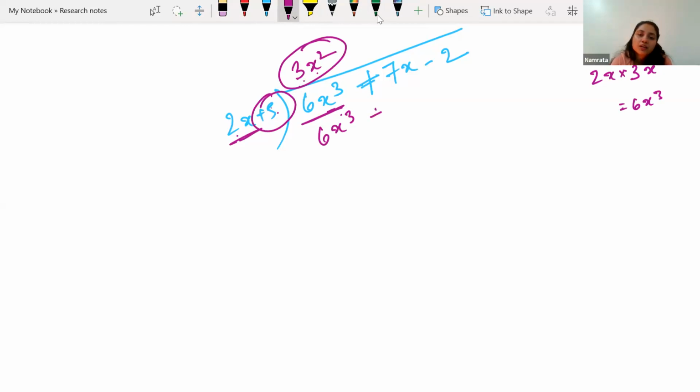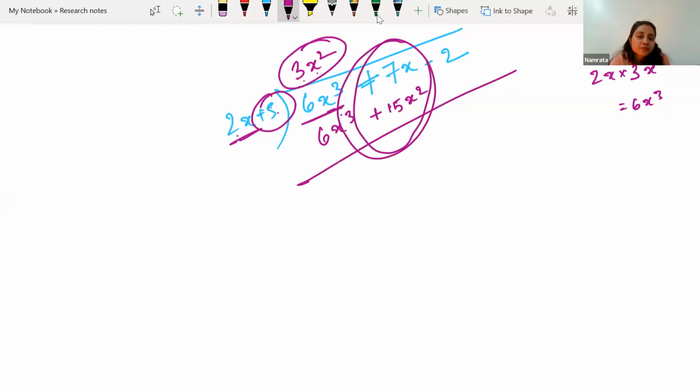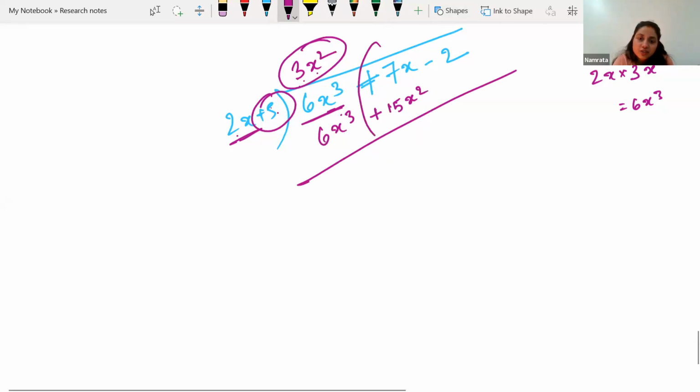Now you must be thinking, if we have 15x square, how will we do the calculation of this 2? Anyone? Can you tell me how we will do the calculation of this 2? Previously it was 7x, 15x and the calculation was possible. But now is it possible, the calculation of 7x and 15x square? Is it possible?